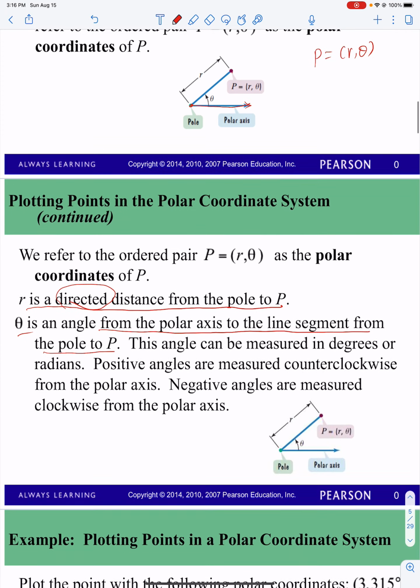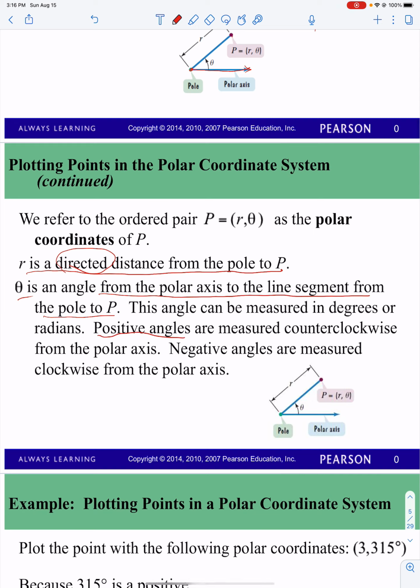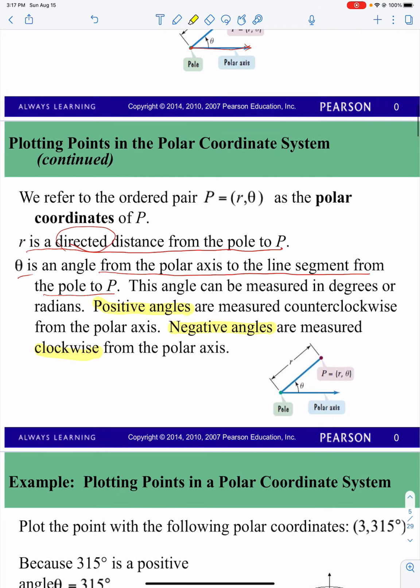So this is the polar coordinate, and here it is the same: positive angles are counterclockwise, and negative angles are clockwise.